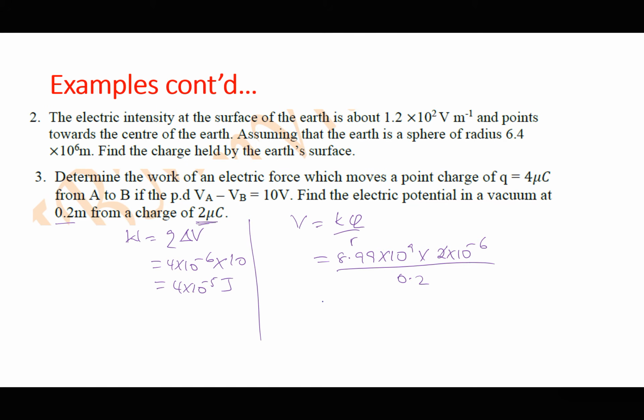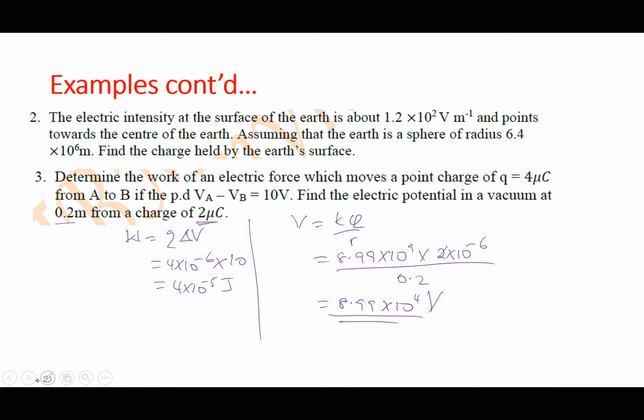So this reduces, and this is going to be 8.99 times 10 power 4 volts.